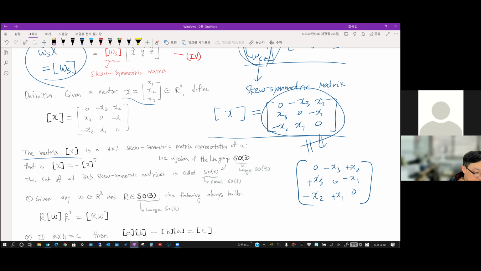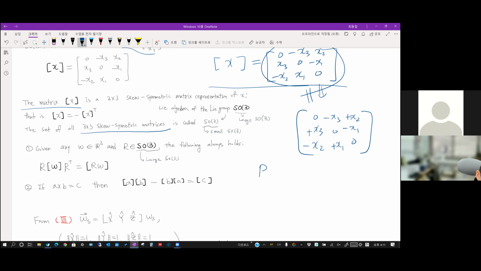So the 3 by 3 skew symmetric matrix is called small so3. Okay, the rotation matrix is large SO3, and this one is a 3 by 3 matrix. And if we have some 3 by 1 vector in here, and this one bracket x is small so3.